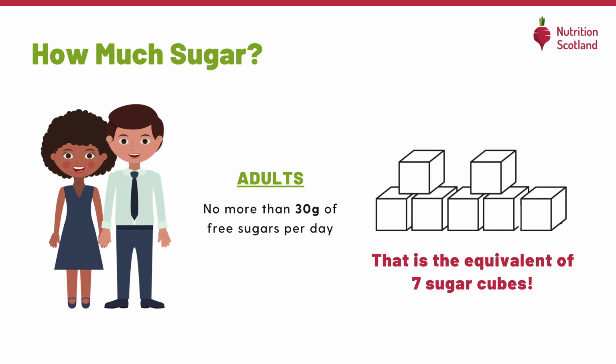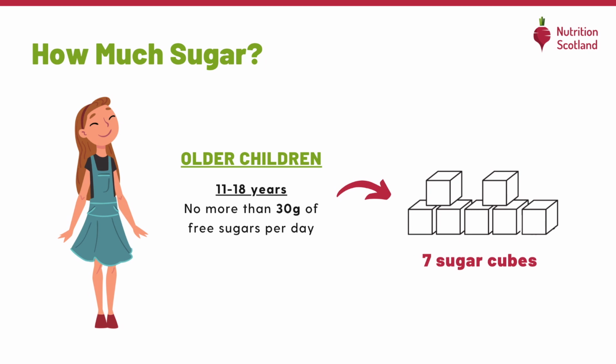In the UK, it is recommended that adults consume no more than 30 grams of free sugars per day, and that is the equivalent of only 7 sugar cubes. This recommendation of no more than 30 grams of free sugars per day is also the same for older children aged 11 to 18 years.